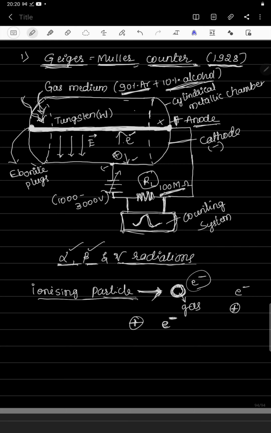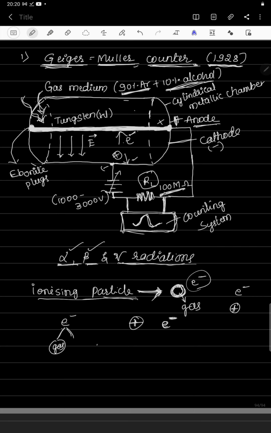During their motion, when an electron accelerates towards the anode, it again collides with some other gas molecule present here.